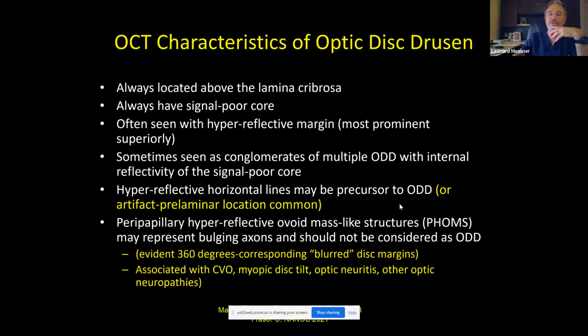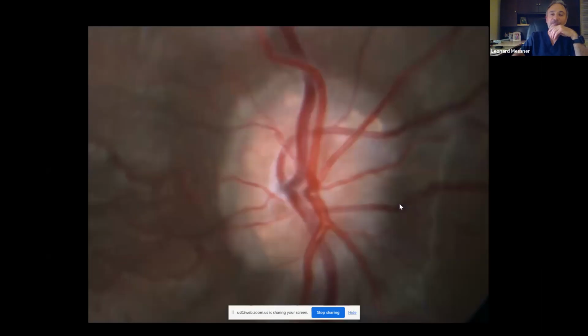We see these sometimes with tilted optic nerves, optic neuritis, ischemic optic neuropathy. And of course, one of the most common things that we see these PHOMS lesions with are individuals with papilledema. So with that, let's take a look at a couple of cases.